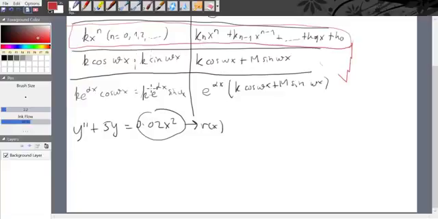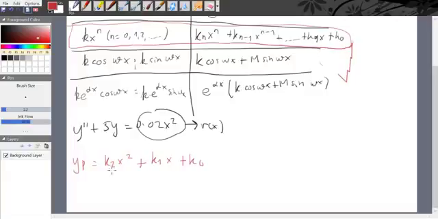The x is to the power of 2, so we're going to make yp equal to k2x squared, because it's small k here and this is capital K, plus k1x plus k0, because it immediately went to k1x, so we don't need to bother about this form over here.